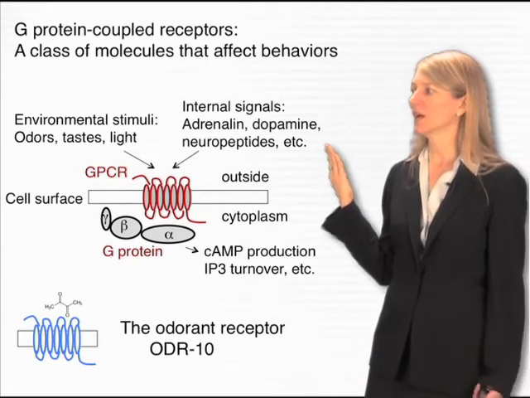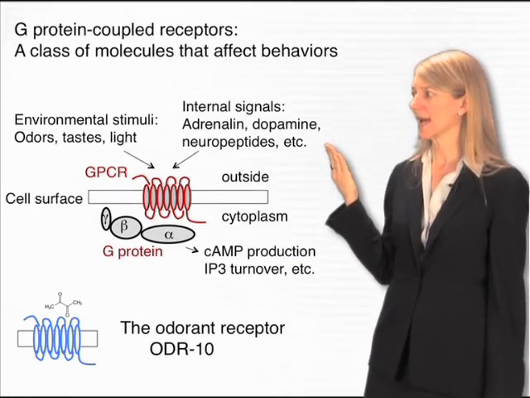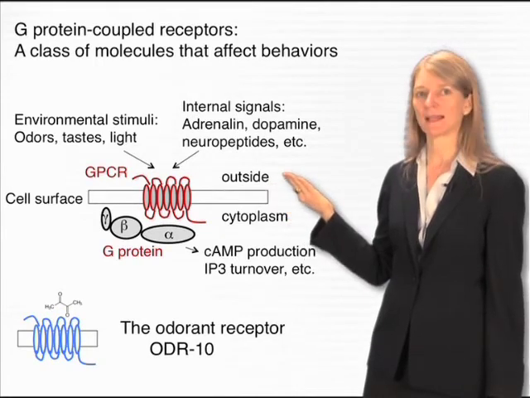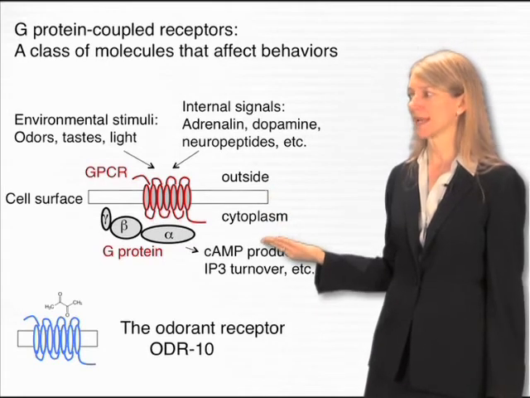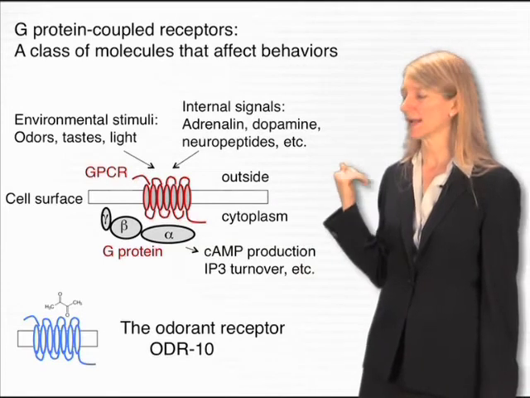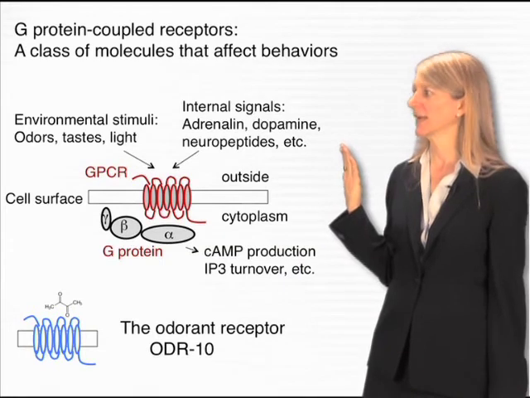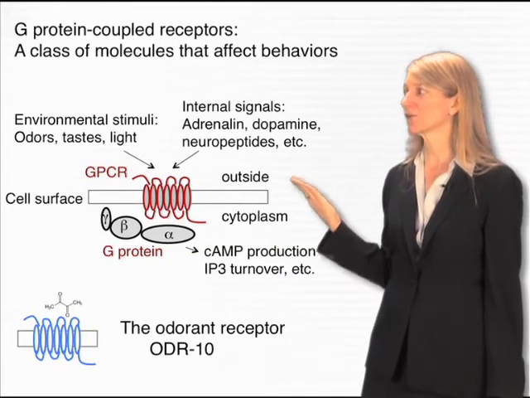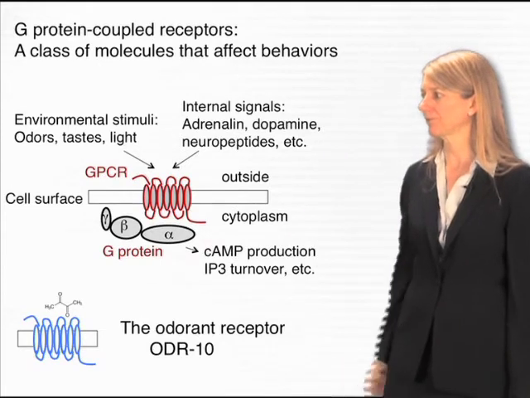So, for example, adrenaline, the speedy heartbeat, and sweating that occurs when you're excited occurs because G-protein-coupled receptors recognize adrenaline that's been secreted into the bloodstream and tell different cell types that something has happened and cause them to change their behavior appropriately. Dopamine, a small molecule that's used to signal reward or the anticipation of reward and is implicated in important processes like drug addiction, also signals through G-protein-coupled receptors on neurons that detect this molecule.